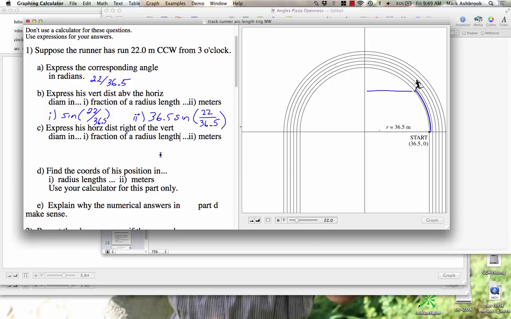What is horizontal distance as a fraction of radius length? That's exactly what cosine is. So, cosine of what? The same angle. Cosine of the same measure of that angle. That's part 1. Part 2, if we want that in meters then? 36.5 times cosine of that.